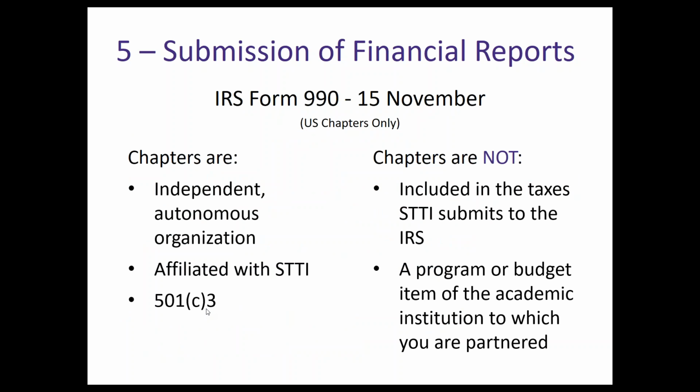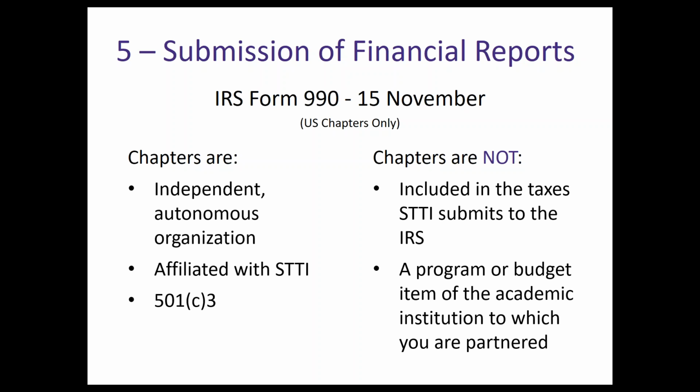The next form that is required, this is only required for chapters in the United States. So if you are located outside of the United States, you won't be filing this specific form, but you can look in to see what your country requires of you.